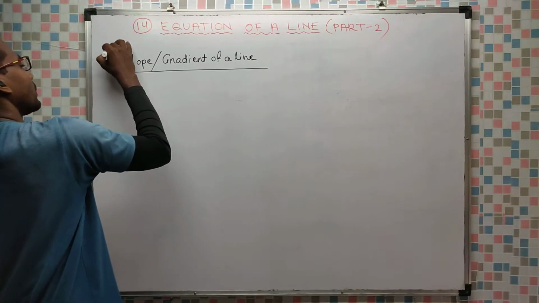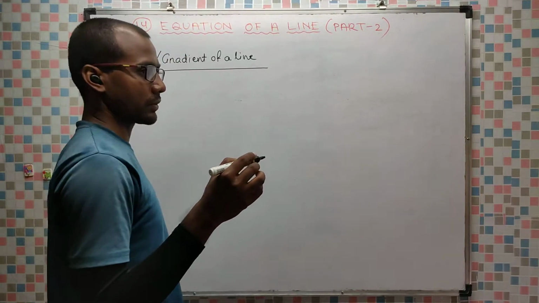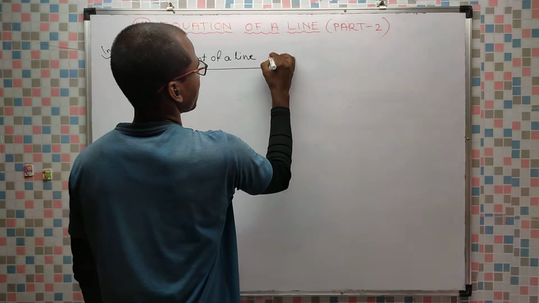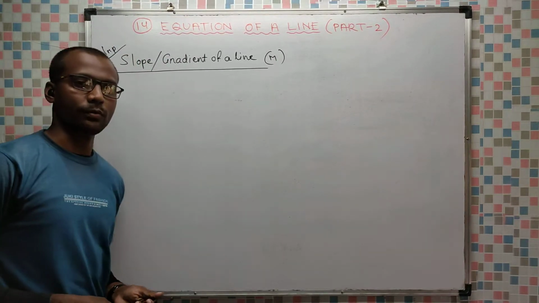This is very important. To find the equation of any line, you need slope. It is represented using the small letter m. Now what is slope or gradient of a line?